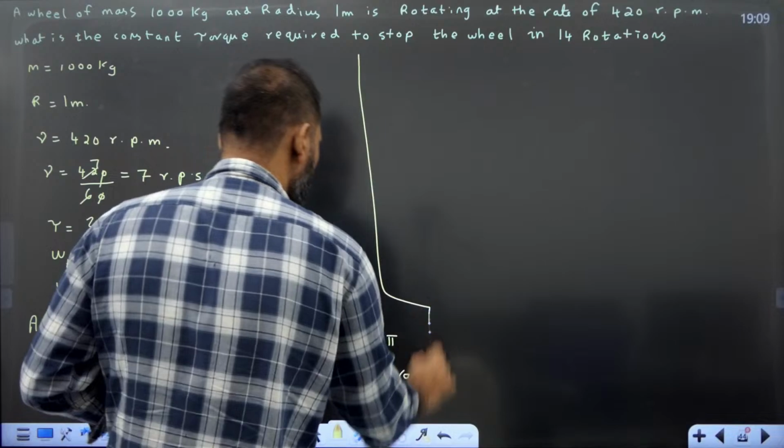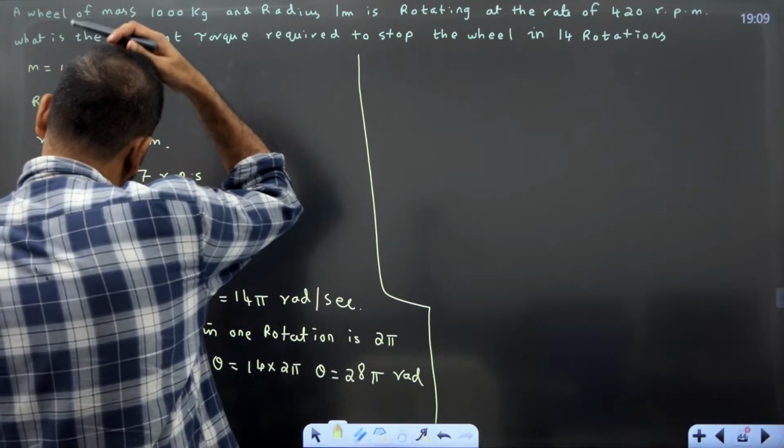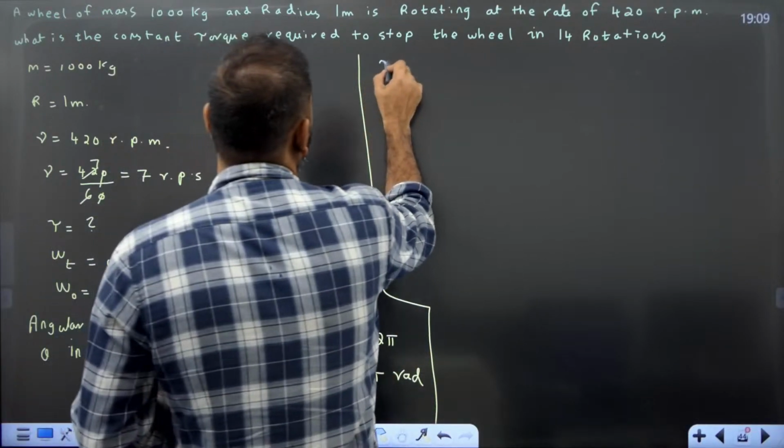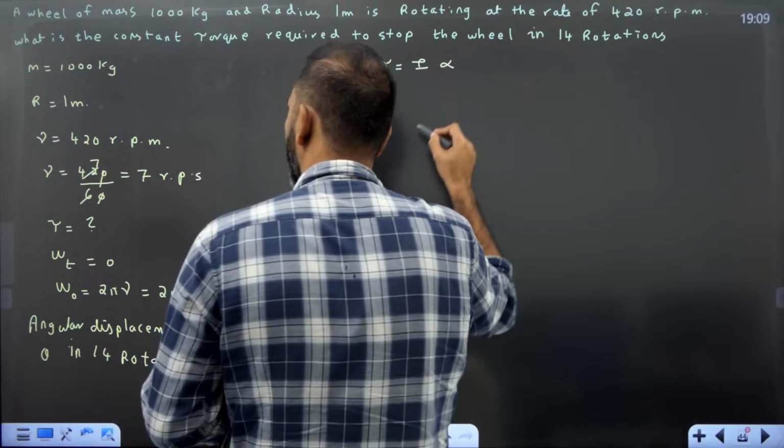Now what we have to do? We should know torque. Torque equal to I alpha. Alpha also we don't know.